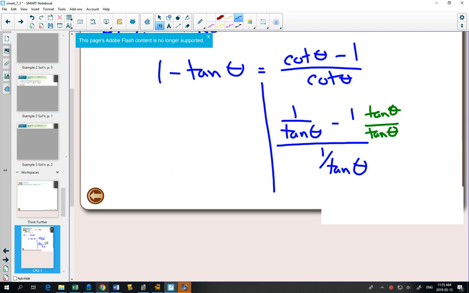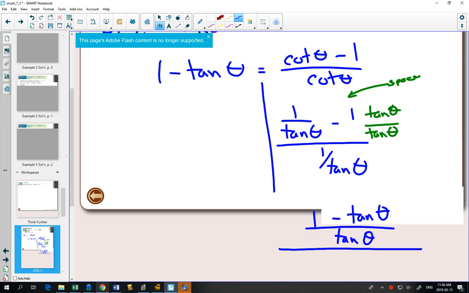One thing that I like to do when I'm doing my proofs is leave a little bit of space in between, because you have fractions inside fractions, and if you squish it all together, you might think one thing runs into the other. So it's important that you leave a little bit of space. So here I'm going to get this together on the top. Now that I have a common denominator, it's 1 over tan theta over tan theta. I like to use a bigger, thicker line for my main part of my fraction. Okay?